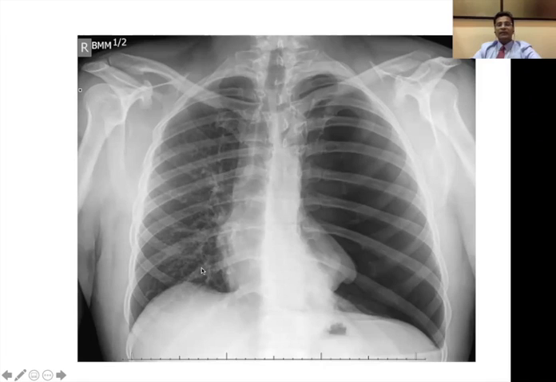Another significant thing that you see here is, unlike in the right lung, there are no vascular markings. Why aren't there any vascular markings? Because this air is not in the lungs, it is in the pleural space. So where is the lung? In that case, lung is collapsed here to this little thing.